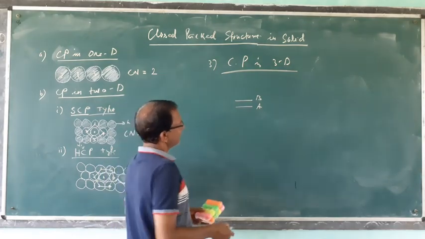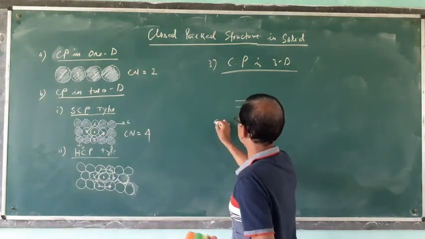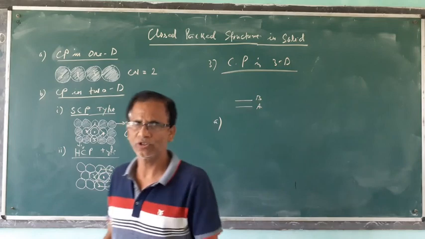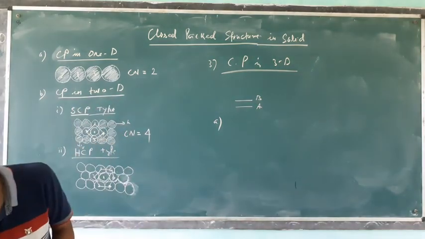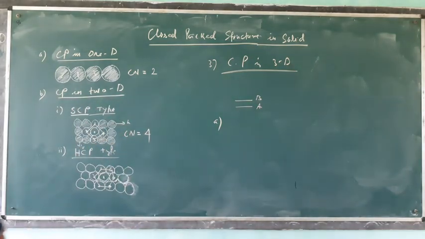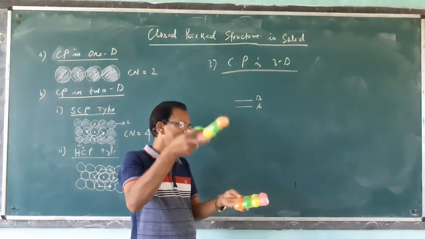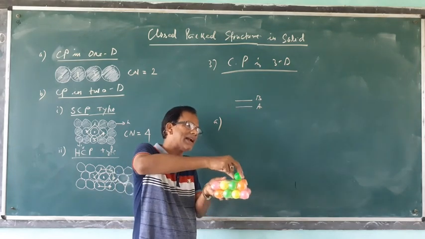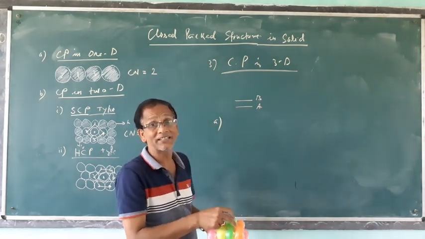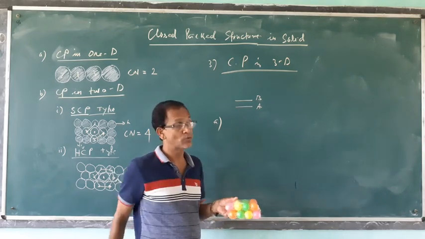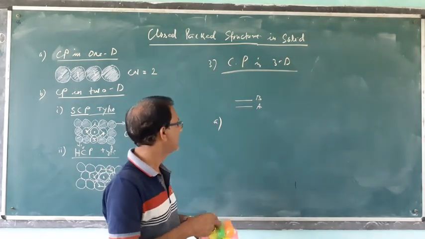So when you form the third layer over the first and second layers, you have to select at which point you place it.